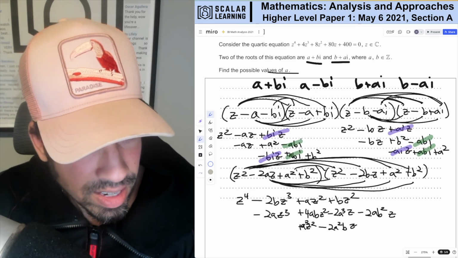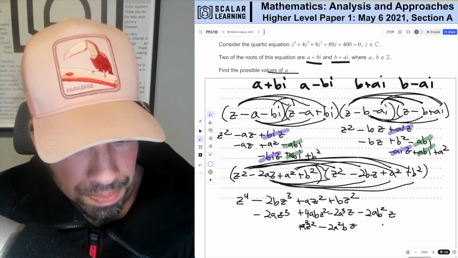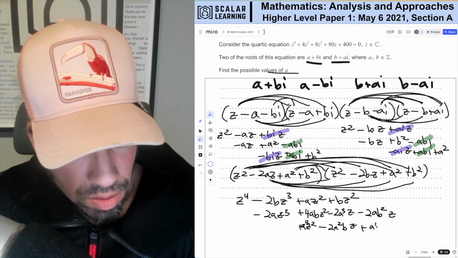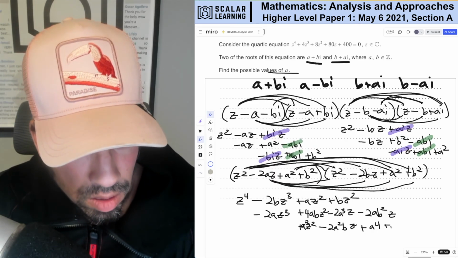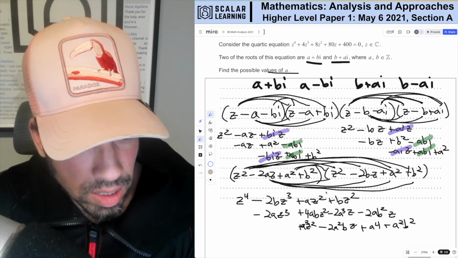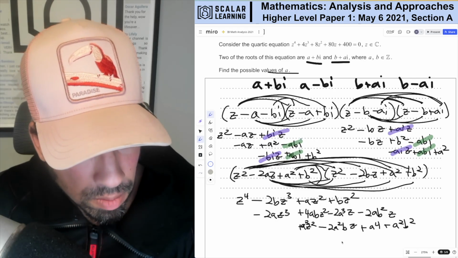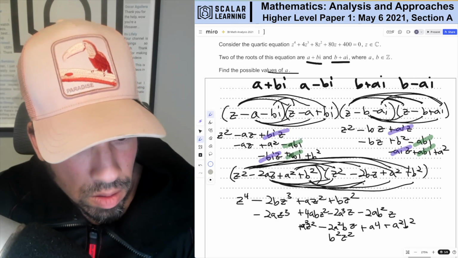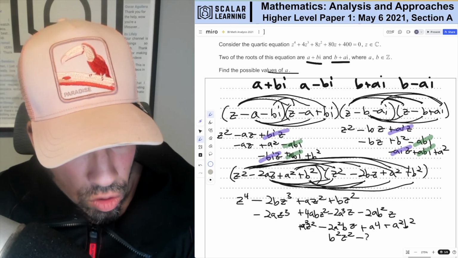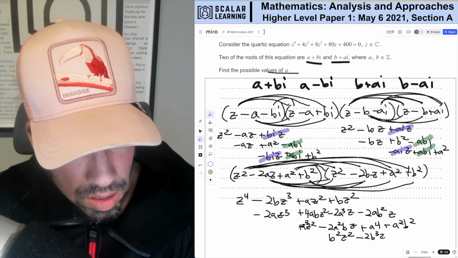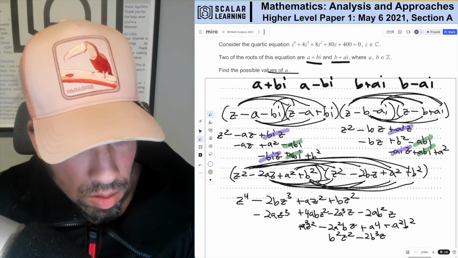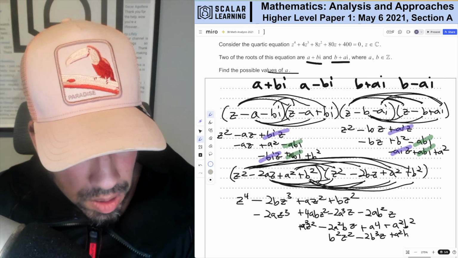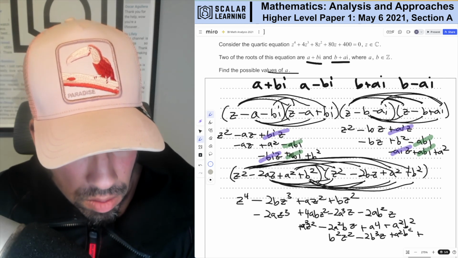And then we've got plus a to the fourth, and then plus a squared b squared. Okay, the last one, we've got b squared z squared, minus 2b cubed z, plus a squared b squared, plus b to the fourth.